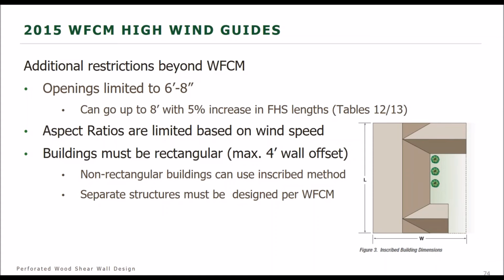And the buildings need to be rectangular. If you are designing a non-rectangular structure like what you see in the illustration here, you can use the inscribed method. That would be allowable. However, if you're using the separate structures method that I alluded to earlier, where you design the building as separate structures with internal shear walls, that's going to need to be designed per the Wood Frame Construction Manual. So you would not be able to do that using these high wind guides.